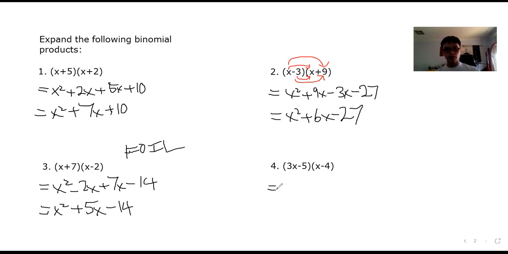And then for the last question, of course, we need to do the same thing again. Hopefully by now you should definitely get the FOIL method. So this will just be 3x squared minus 12x minus 5x.